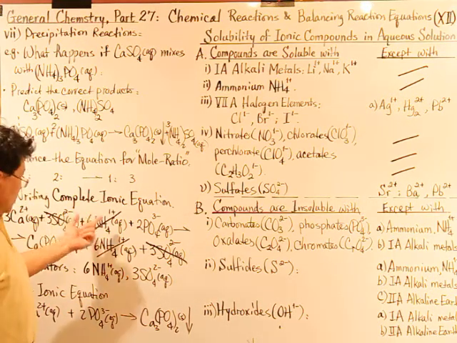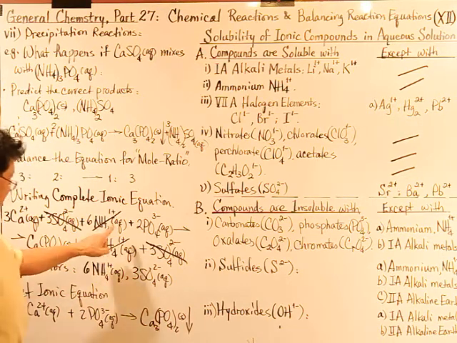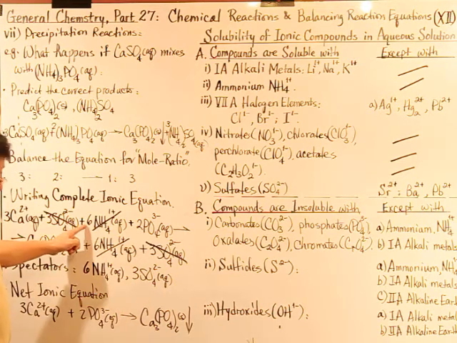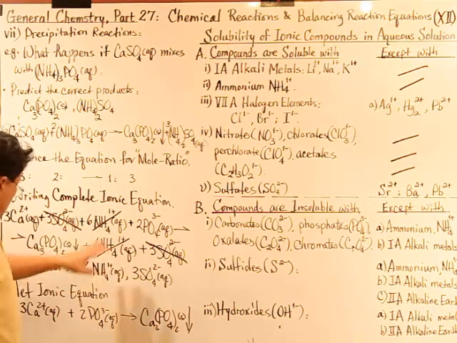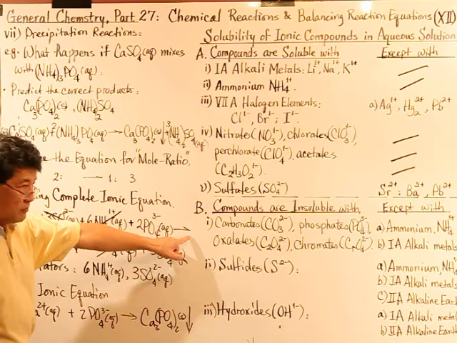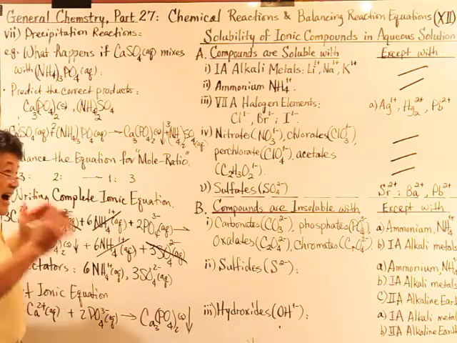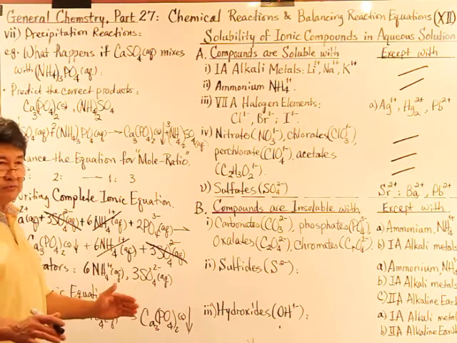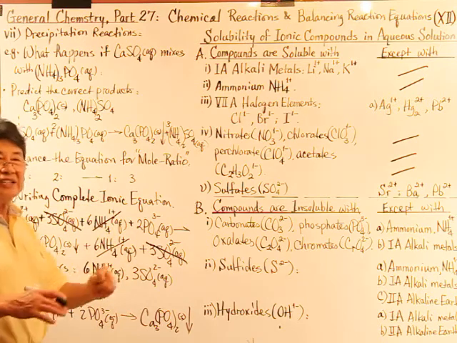Number two, the charge plus one, both plus one, same formula. Number three, physical state aqueous. Number four, how many each side? 6. Then these two on either side of the arrow, of course pointing one direction as an irreversible reaction, are identical. Then we are able to cancel them out of the complete ion equation as spectators.